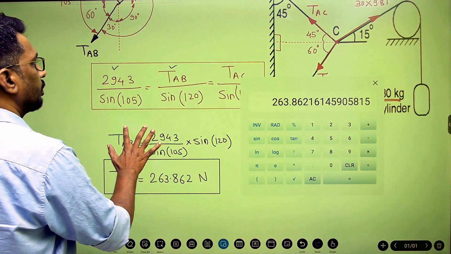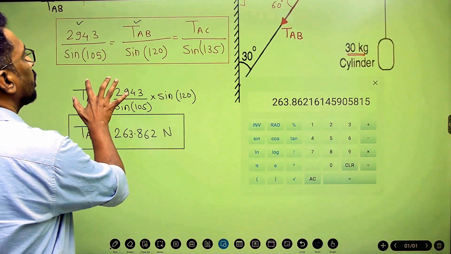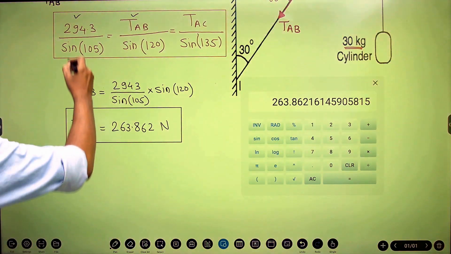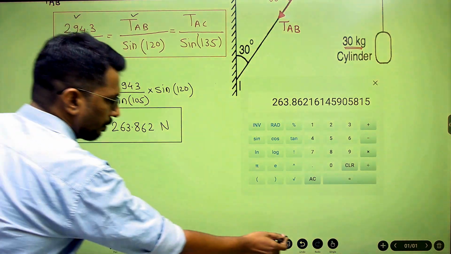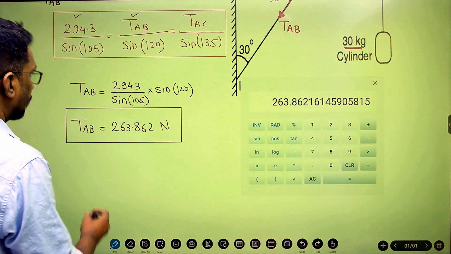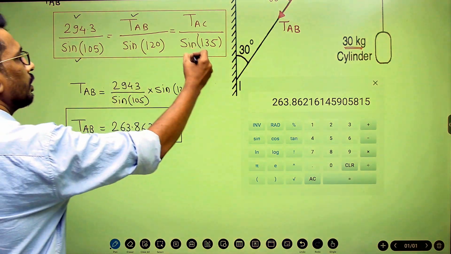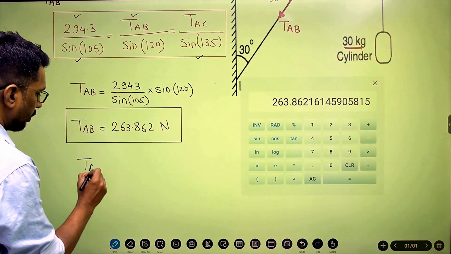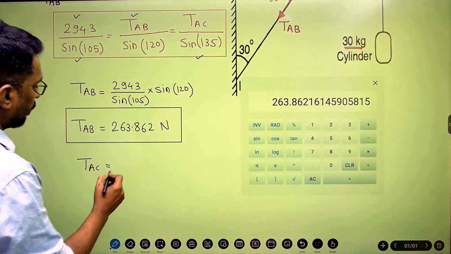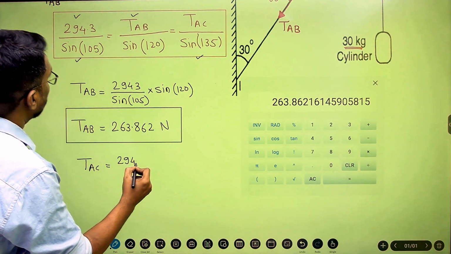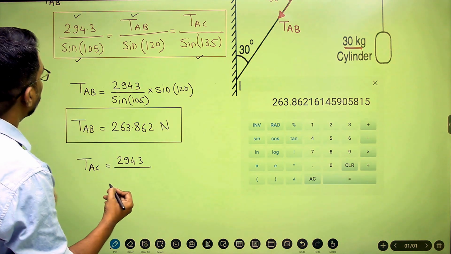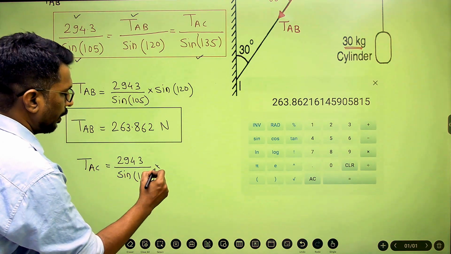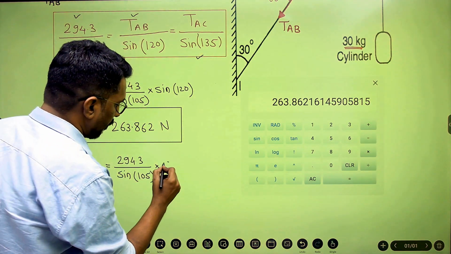Now I'll proceed further and I'll equate the TAC with the 294.3 by sine 105. Now I'll equate this value with TAC, these two ratios. So my equation will be TAC will be equal to this ratio, 294.3 divided by sine of 105, into this cross multiplication, so sine 135.